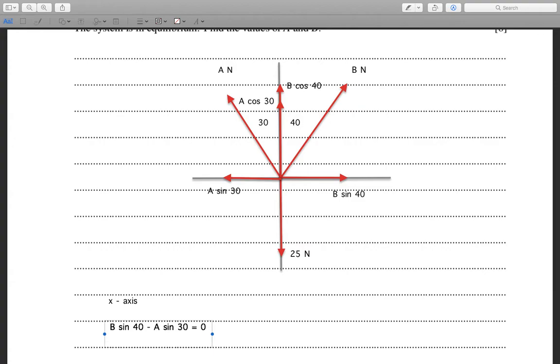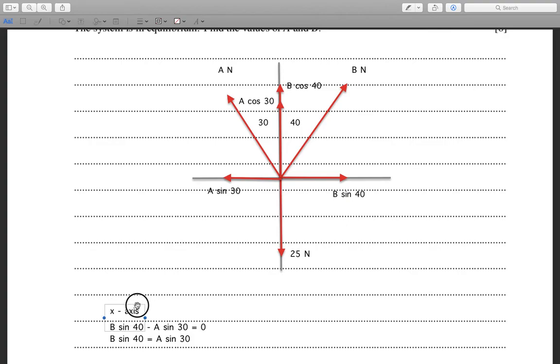Or B sine 40 equals A sine 30 in the x axis.